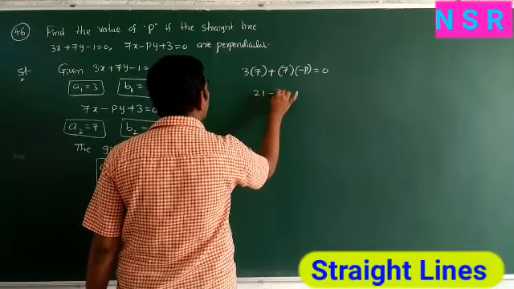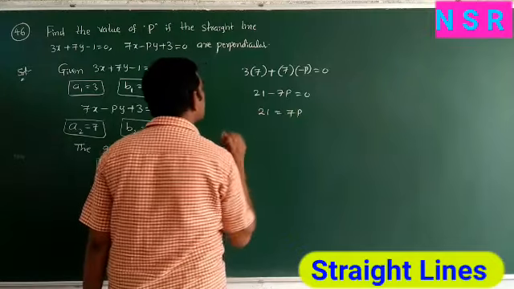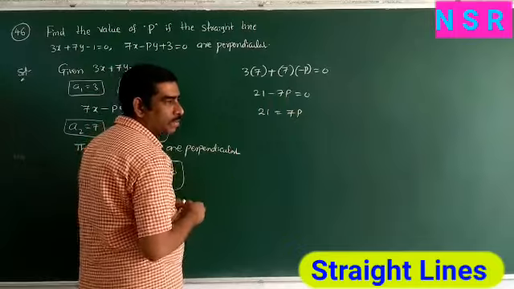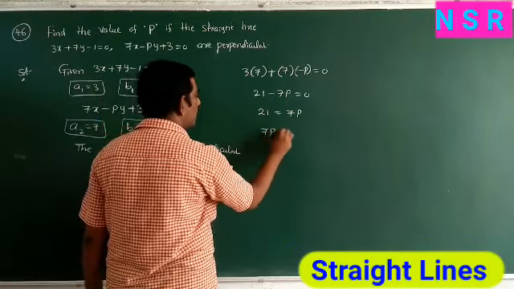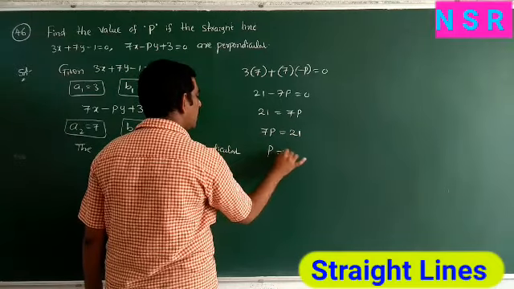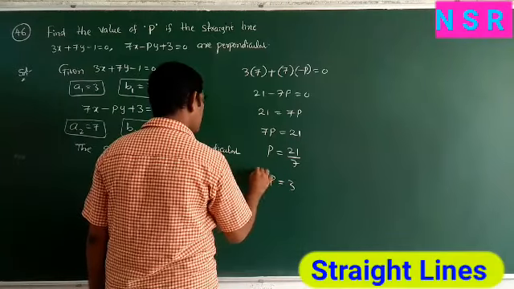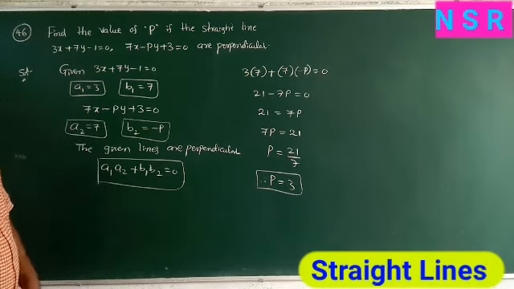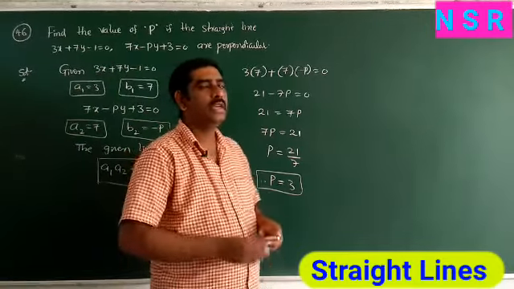So 21 minus 7p equal to 0, 21 equal to 7p. 3 sevens are 21, and 7 into -p is -7p. Moving -7p to the other side, we get plus 7p. Now 7p equal to 21, p equal to 21 by 7. 7 threes are 21, therefore the p value is 3. So the given lines are perpendicular, a1 a2 plus b1 b2 equal to 0. So p value is 3.